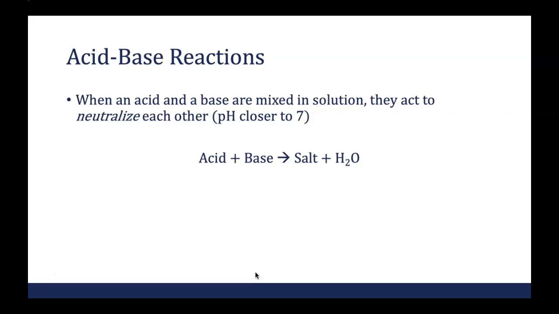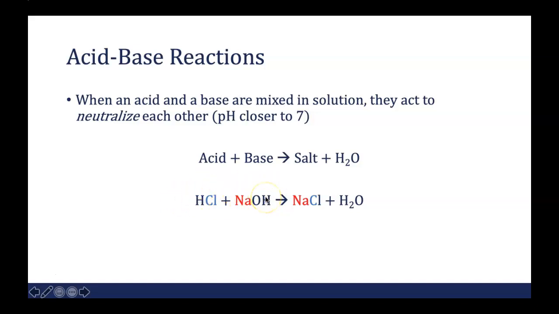So a typical reaction will look like this. Acid plus base goes to salt plus water. If we fill that in with some examples, here's HCl plus NaOH. Notice I've color-coded here so you can see how my proton is moving between them. So here, this proton is donated to OH.